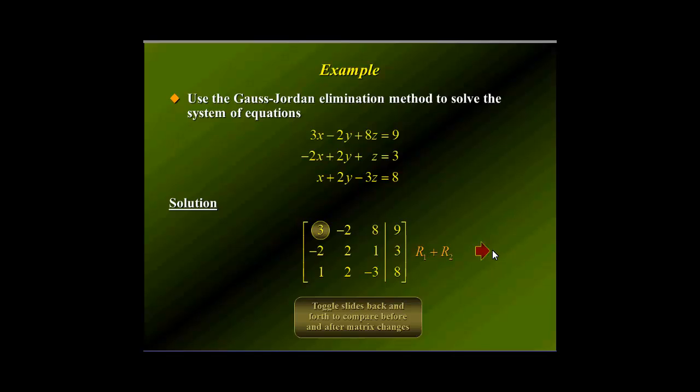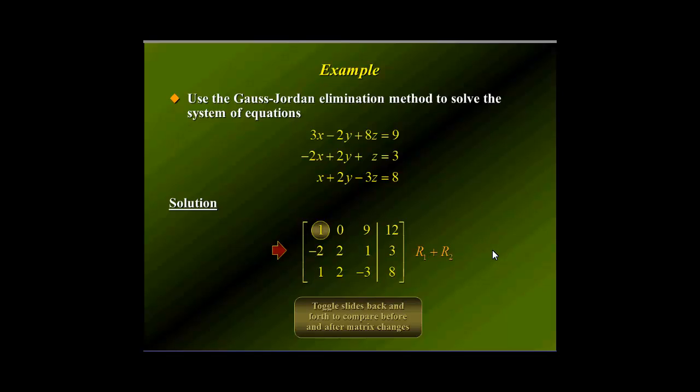So what we do, we add row 2 and row 1. If we add these two, then the first row will be 1. Now our next aim is that I want row 2 to be 0.